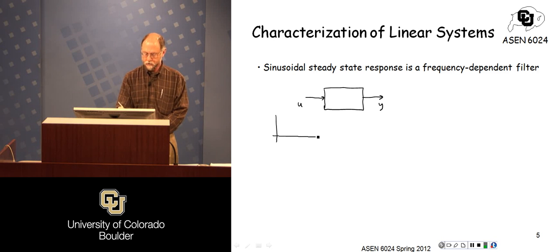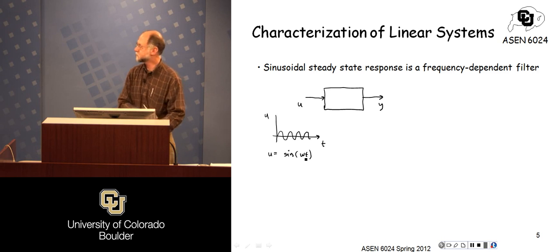And we have this nice idea that if I put in a sine wave for U, as a function of time, suppose it's sine omega t, so a unit amplitude sine wave with no phase shift, then we have a pretty clear idea of what to expect on the output here.